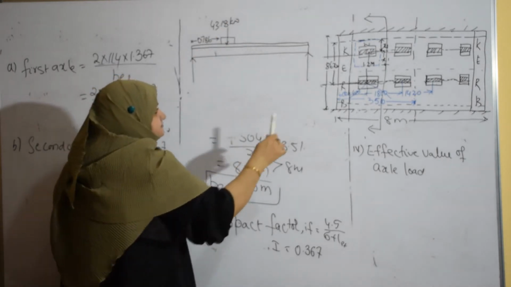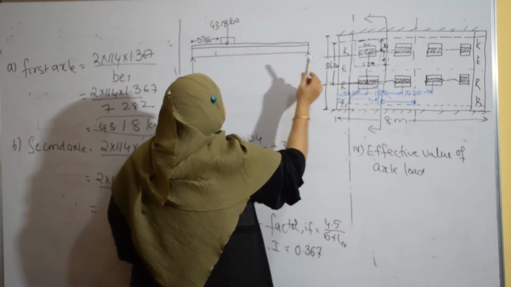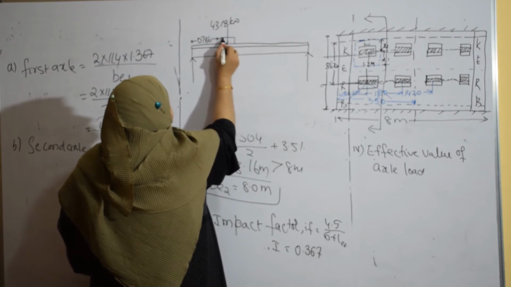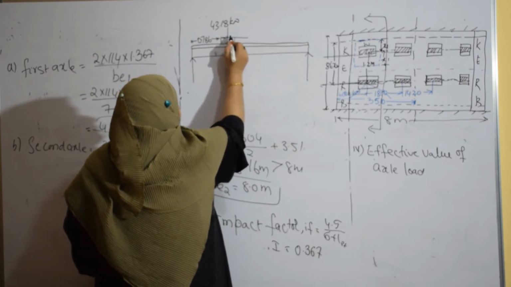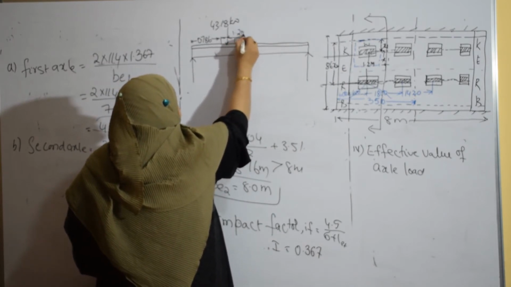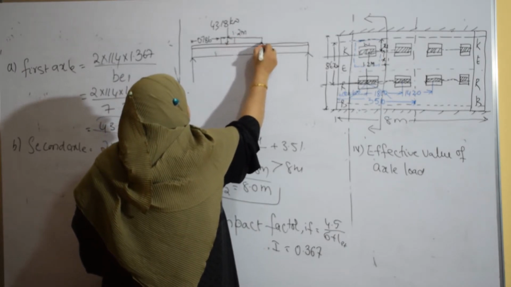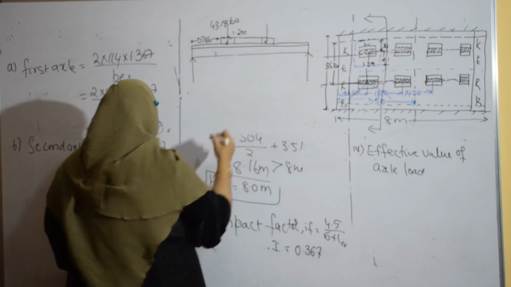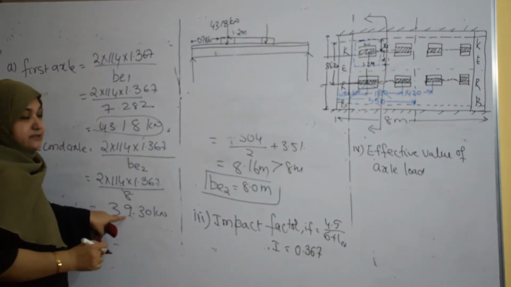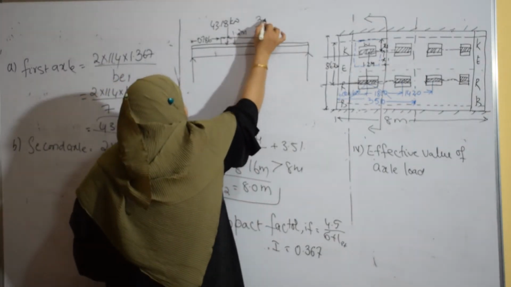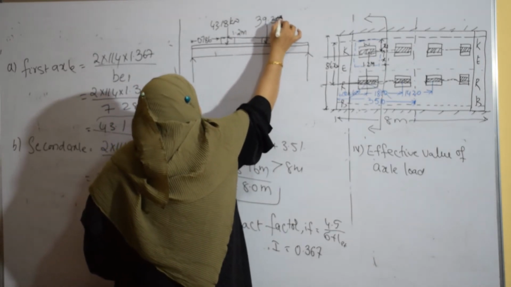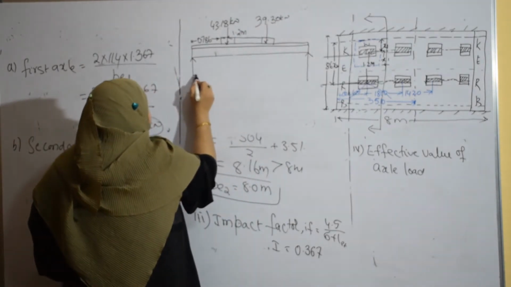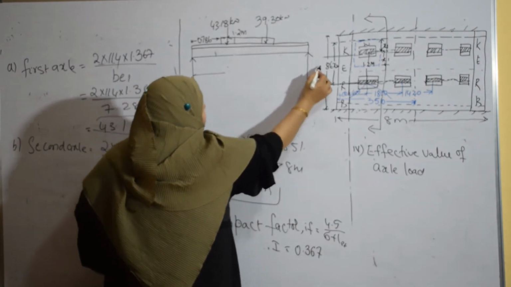Then again, at a distance of 1.2 meters, that is 1200 mm, you will get the second axial, whose value is 39.30 kilonewton. The span is 5.86 meters.